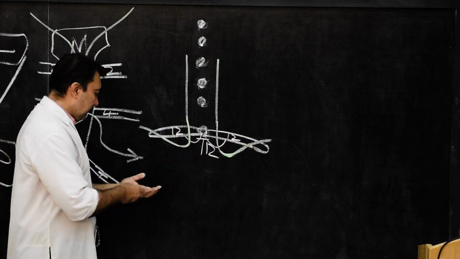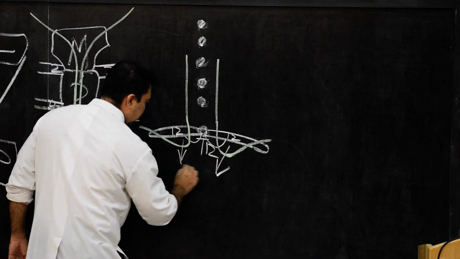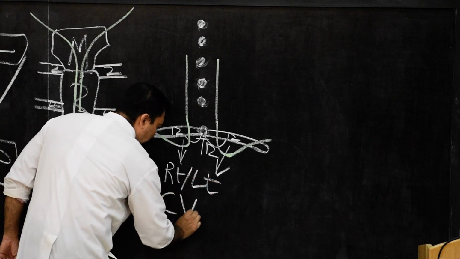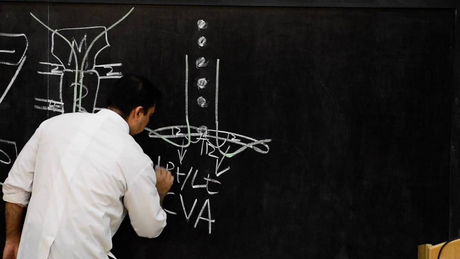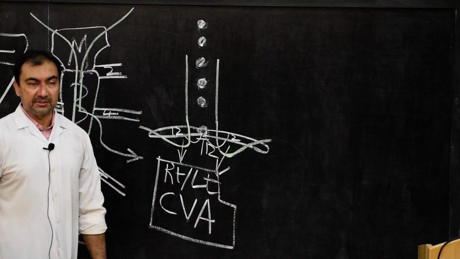And these two, they are marked as what places? These two are known as the right and left costovertebral angles. So please mark this, they are called the right and left costovertebral angles.